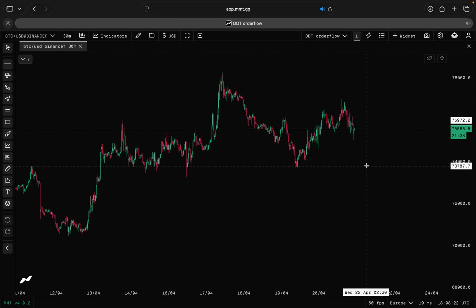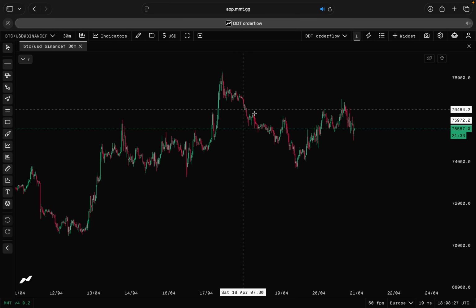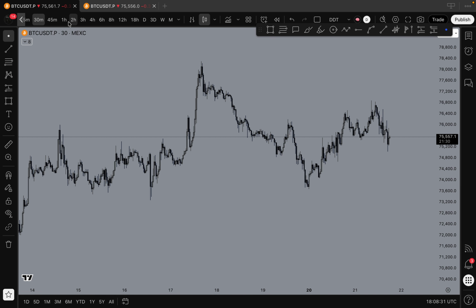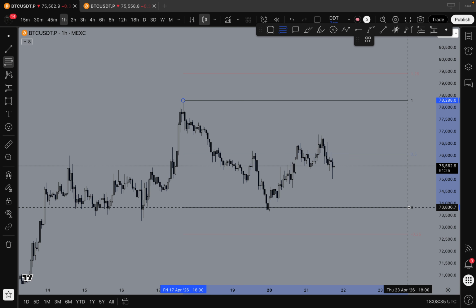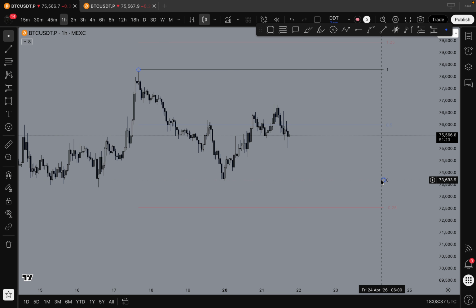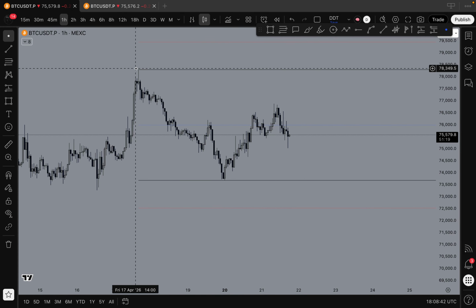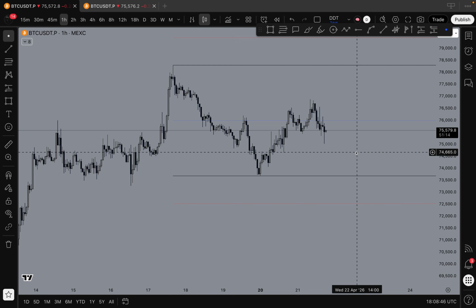So I only use it as an extra confluence to my already existing trading ideas. I'm a range trader, so what I always want to see is ranges. For example, right now on BTC, I'm watching this range with range high and range low, and I want to wait for high probability zones.